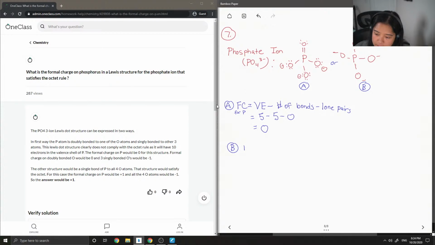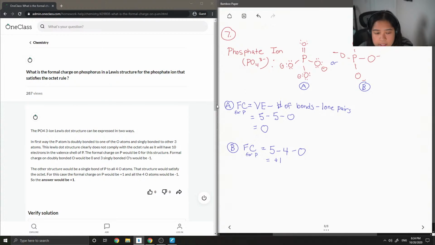And then let's do the same thing for phosphate ion B. Again, the number of valence electrons is the same for phosphorus, just 5. The number of bonds, however, changes. Instead of 5 bonds, there are now 4. But again, there are no lone pairs on phosphorus. So this time, there is a +1 charge for phosphorus.